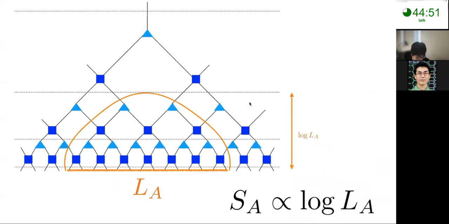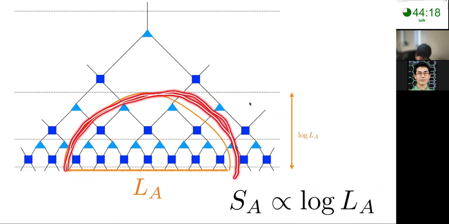As you probably know, in the tensor network, if we compute, for example, the entanglement entropy associated with subsystem A with size L_A, by tracing over its complement, then we can estimate the total amount of entanglement for this density matrix. It's roughly estimated as the number of unitary operators and bonds cutting this line.